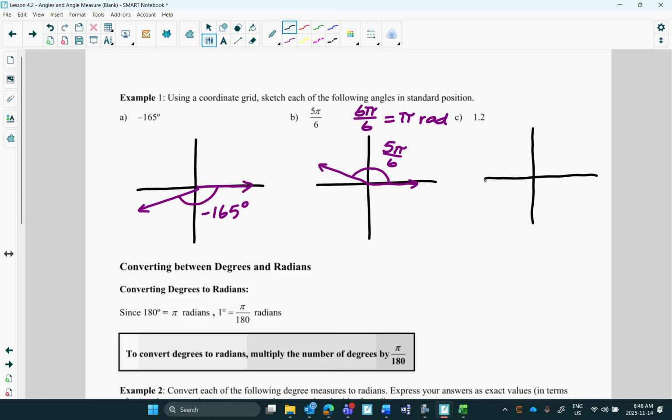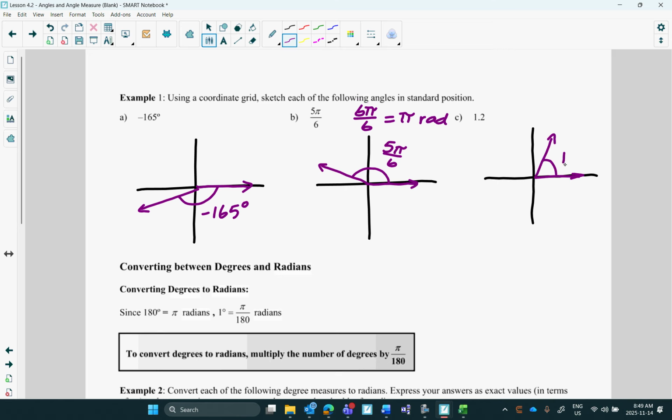What about half a circle? 3.14. What's half of 3.14? About 1.6. So wouldn't this 90 degrees be about 1.6? And this is going to be a little less. So 1.2 radians would probably be somewhere around here.